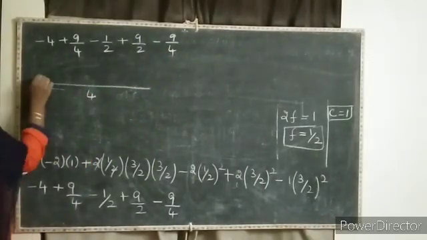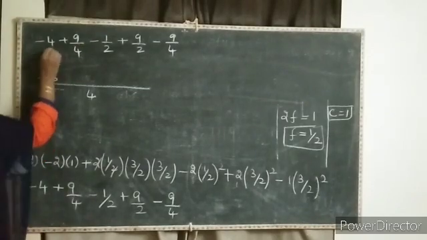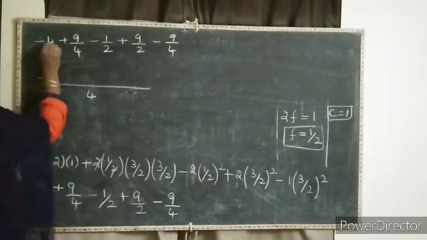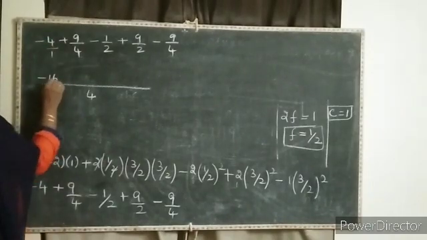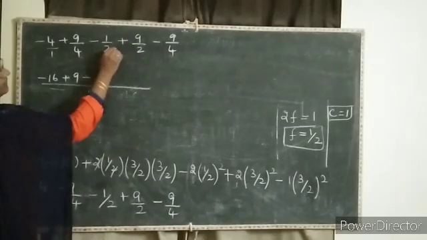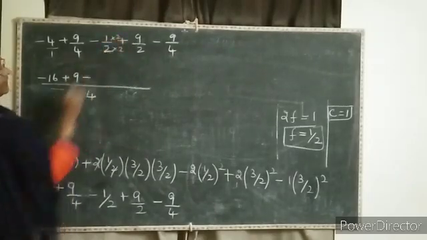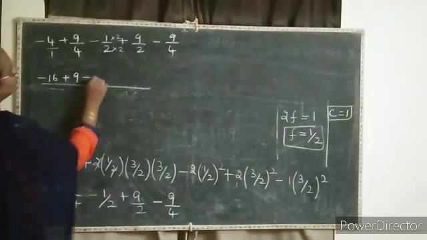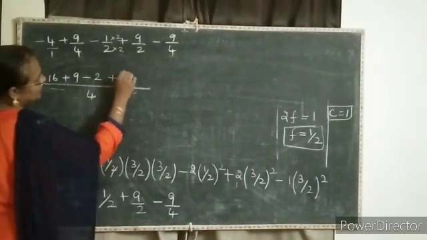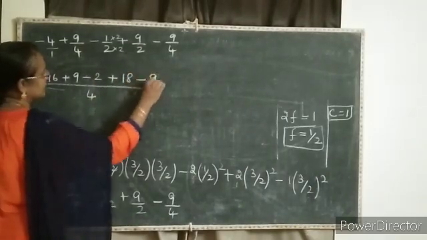So minus 4 into 4 is minus 16, plus 9, minus 2, minus 2 after multiplying the numerator by 2, plus 9 twos are 18, minus 9.